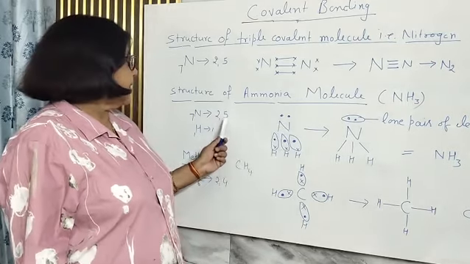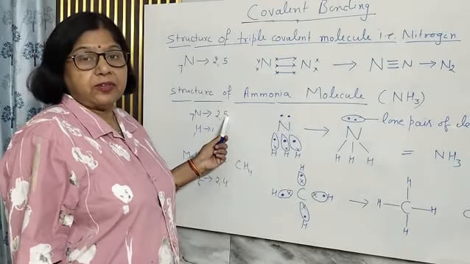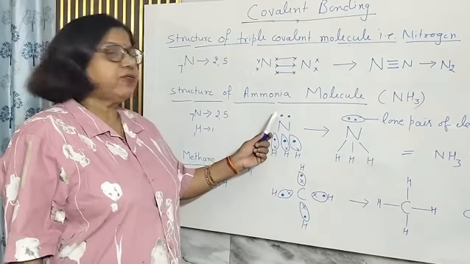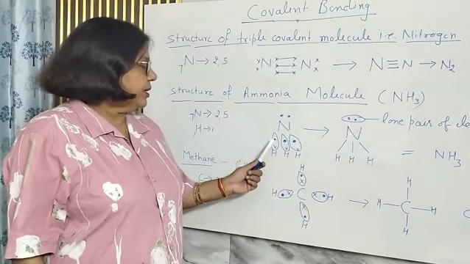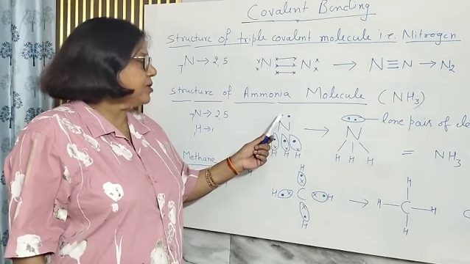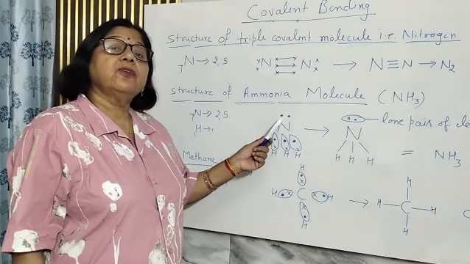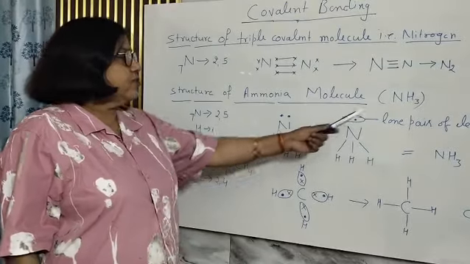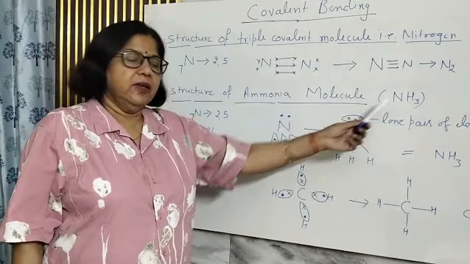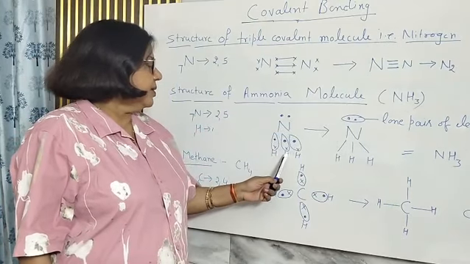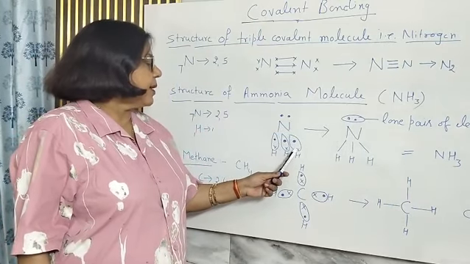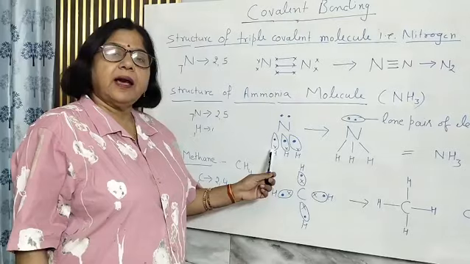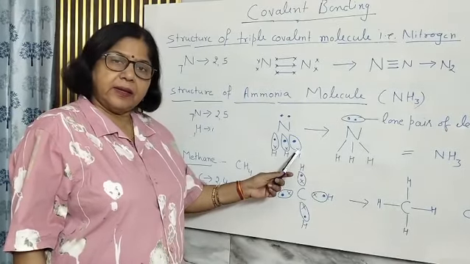So what happens? The 5 electrons present in the outermost shell of nitrogen I have drawn over here. 1, 2, 3, 4, 5. The dots represent the electrons of the nitrogen atom. Now, since the molecule has 3 hydrogens, the 3 hydrogens whose electrons are shown by crosses are over here, right?